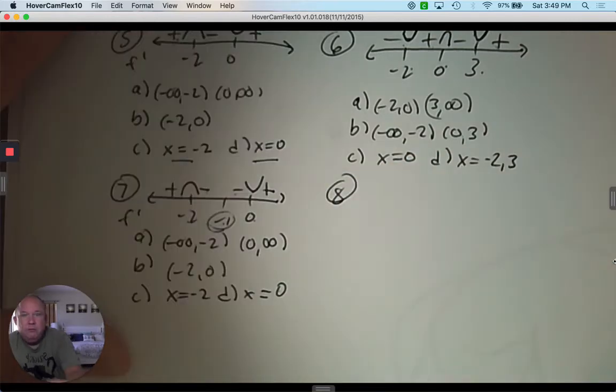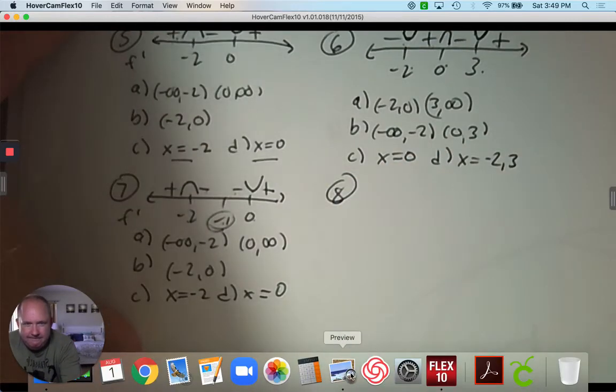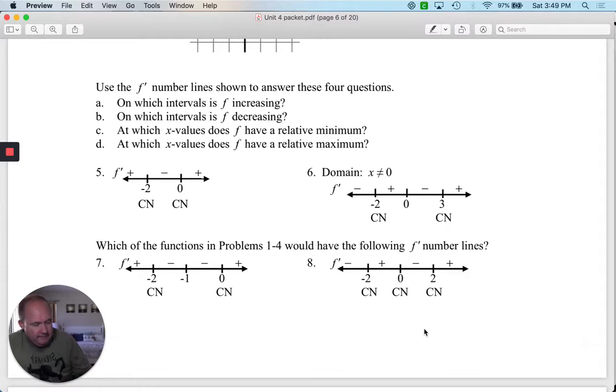Number 8, we're going to draw the first derivative number line. Oh, wait a second. For number lines for the next 4 questions. All right, so let me finish this off.